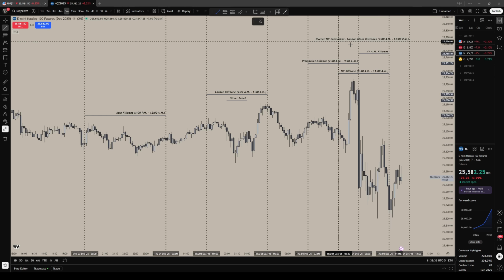And then this last hour is called the London close kill zone. And the text doesn't fit, but it's okay.